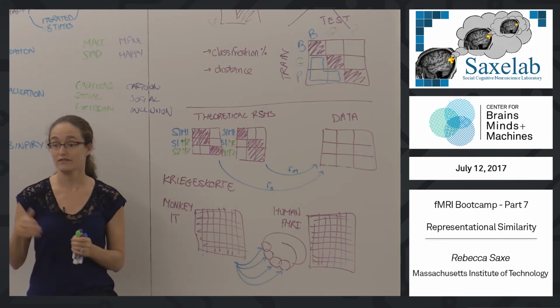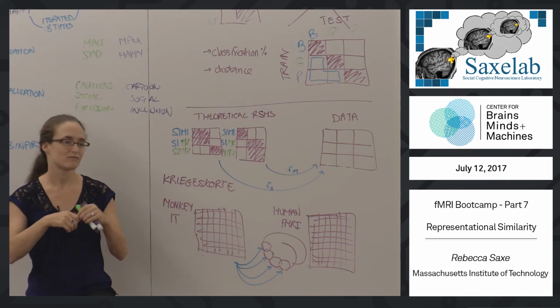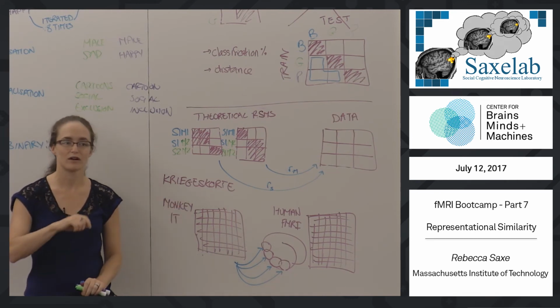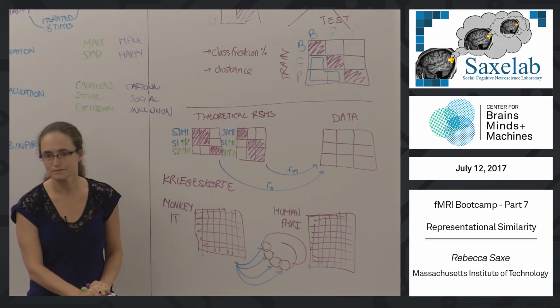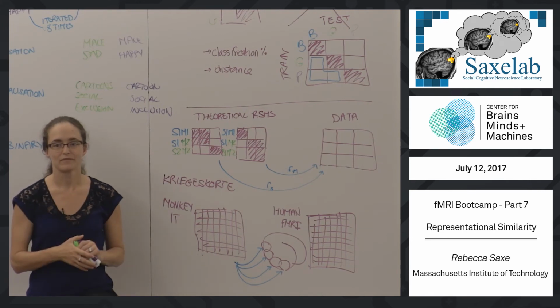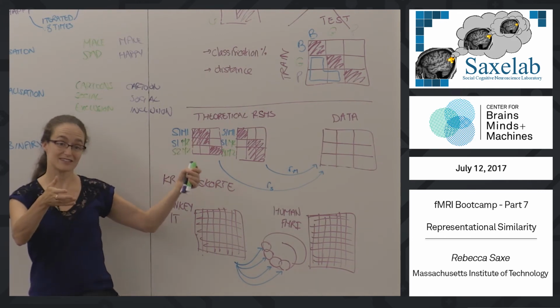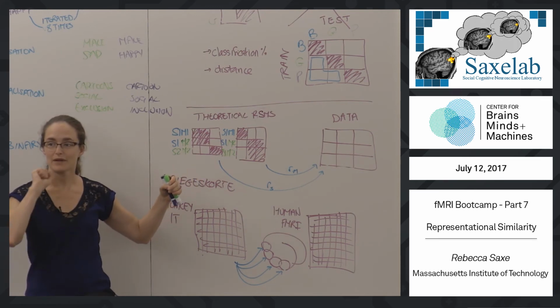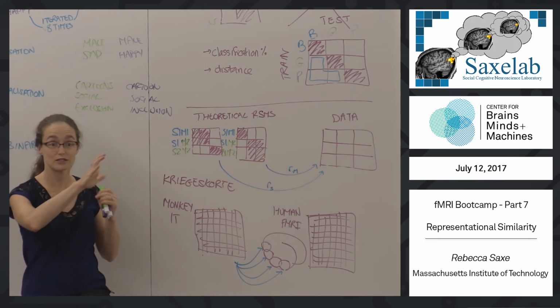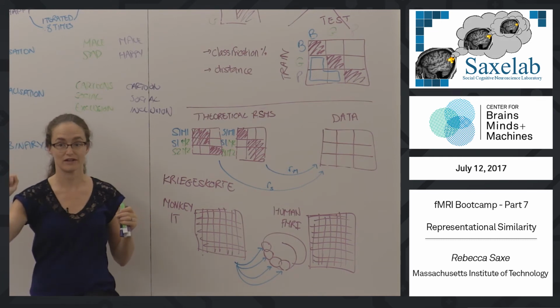Some of those features were confounds, right? Like length of the paragraph or complexity of the verb structure, reading time. And some of them were variables of interest, the things that we cared about in those stimuli. But each of those features can generate its own representational similarity matrix.